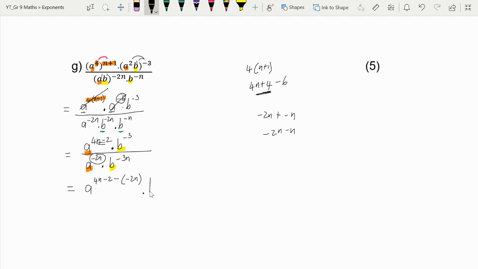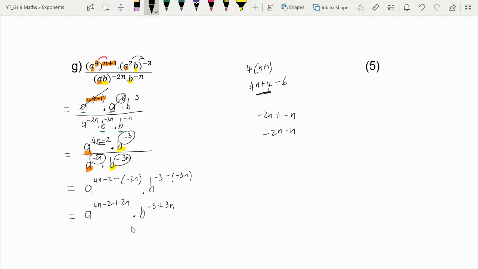And then for B, negative 3, and then we subtract the exponent at the bottom, something that is already negative. Okay, let's show all our steps. So we've got A, 4n minus 2, and that will become plus 2n. And then we've got B to the power of negative 3, and then that will become plus 3n.